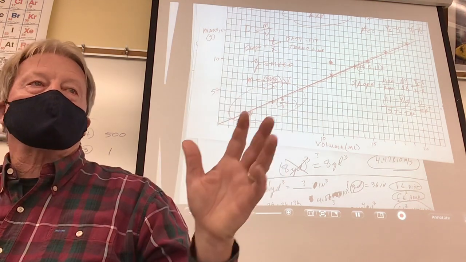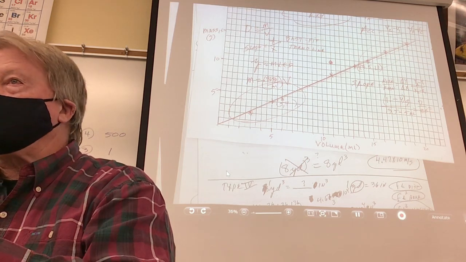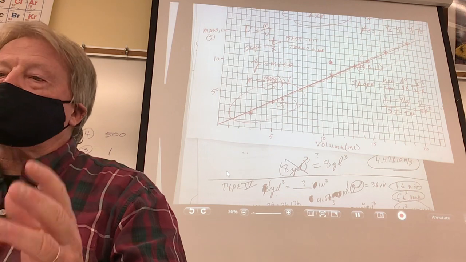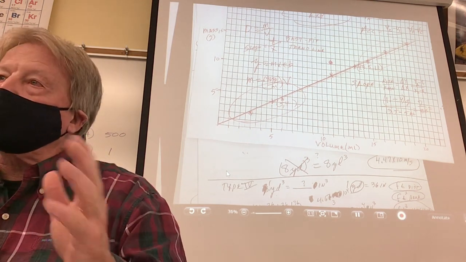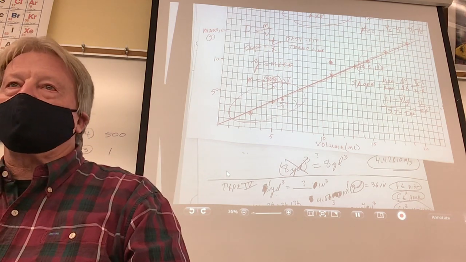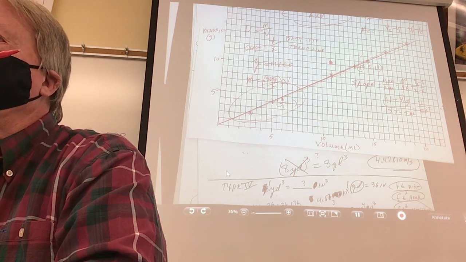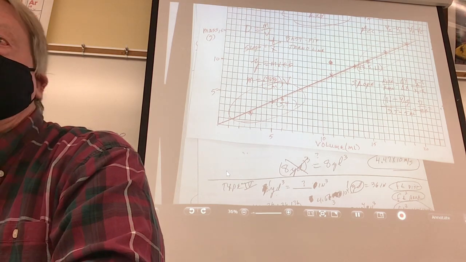When you guys do your own experiments, have I seen groups that were so careful and they measure so well and they zeroed out everything? Have I seen some people's graphs go through 0, 0? I have. But if they don't go through 0, 0, that's okay. Who did the linear regression? Did they happen to have a y-intercept on that? Do you happen to know? Can you bring that back up? I made up these data points.